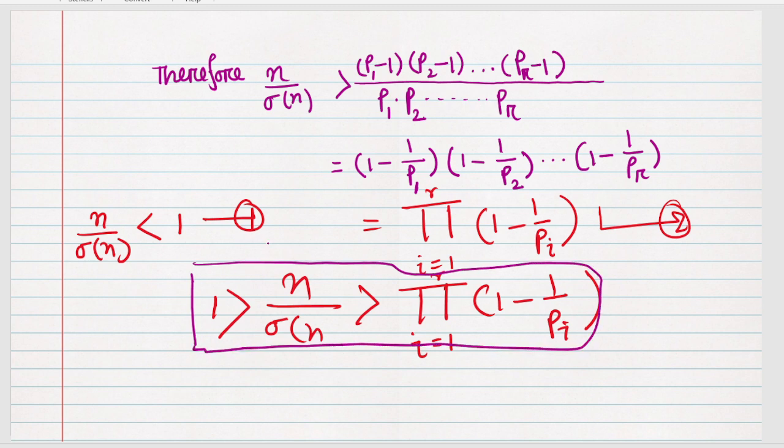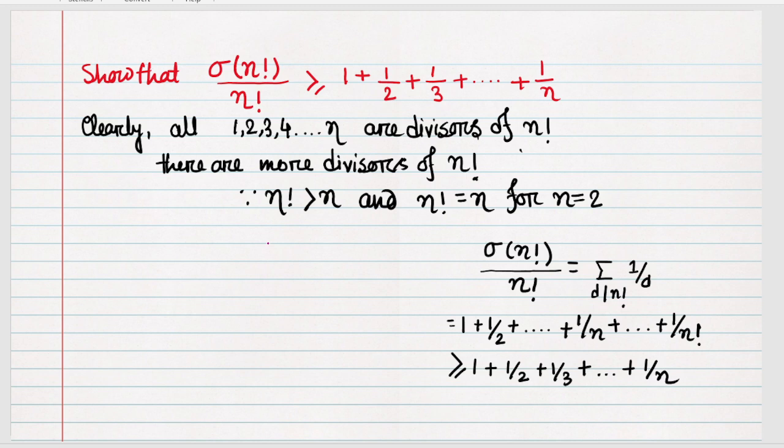I hope you do not have any misconception. Now let us move to our next slide, which is to show that sigma of n factorial by n factorial must be greater than or equal to 1 plus 1 by 2 plus 1 by 3 followed by 1 by n. So clearly 1, 2, 3, 4, up to n are divisors of n factorial.